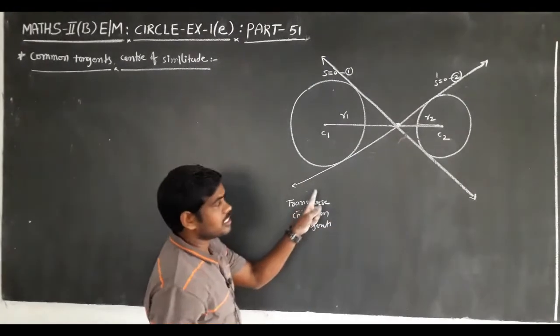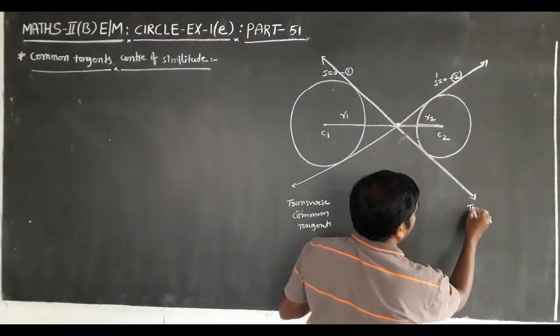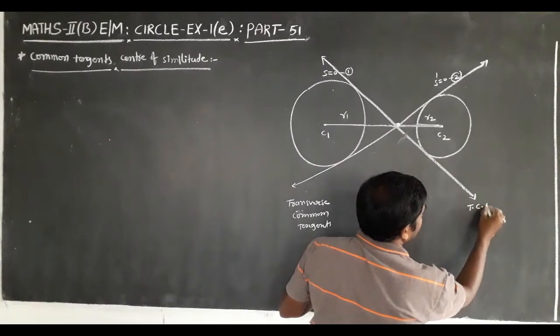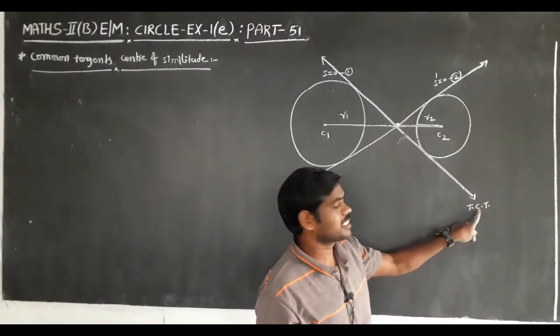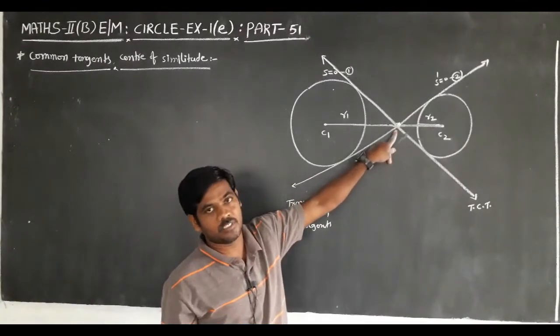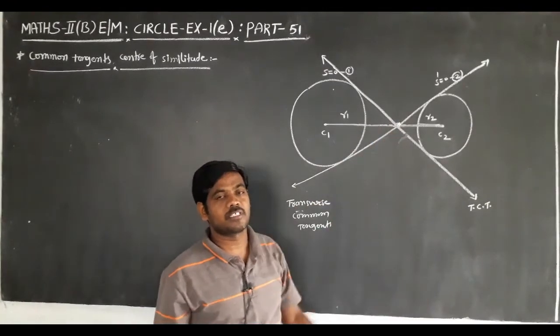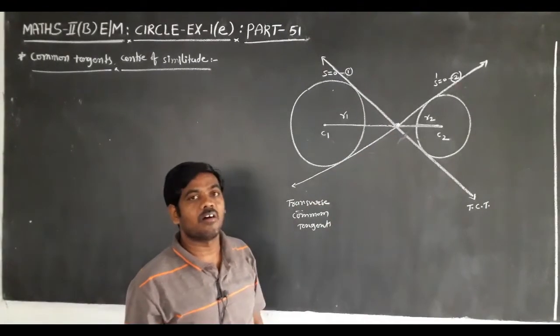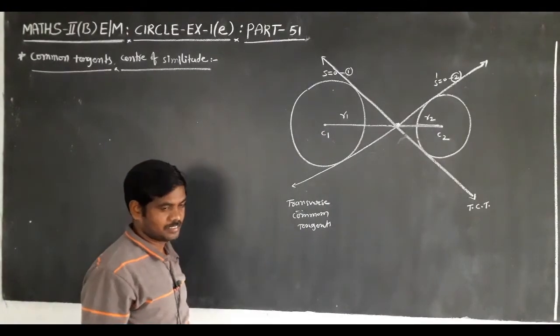This is the transverse common tangent. It is denoted by the shortcut TCT. TCT means transverse common tangent.